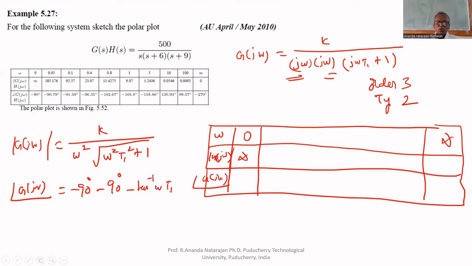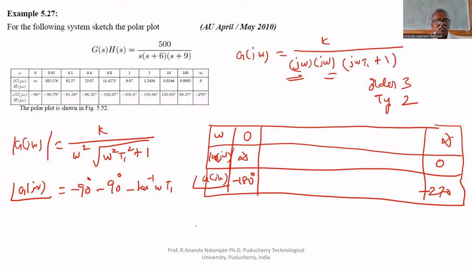When omega equals 0, you get minus 180. When omega equals infinity, you get minus 270, with magnitude 0. It always ends at 0, but the angle is different: 270. Third order means 270.